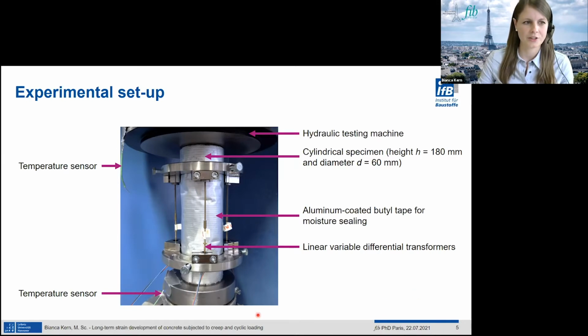In addition, the actual force and the axial stroke of the actuator and the ambient temperature, as well as the temperature on top of the loading plate, were measured and recorded.